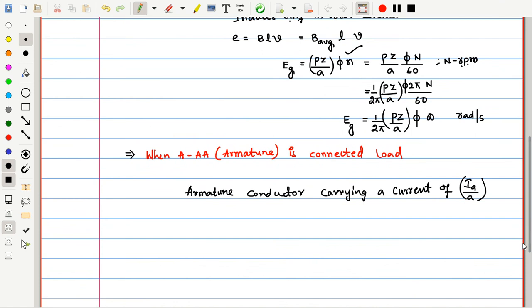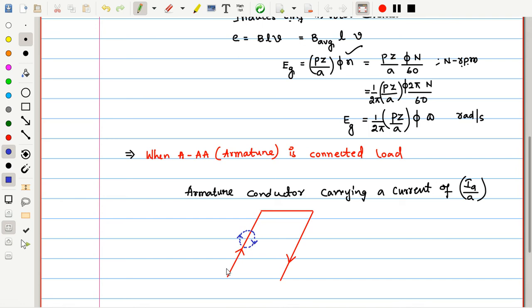So let us say this is the current, and usually when a conductor carries the current in this way, and let us say in terms of the coil form, as like this, what is going to happen, you need to observe. When a conductor carries current, it tries to produce a magnetic field around the conductor. This you need to observe.